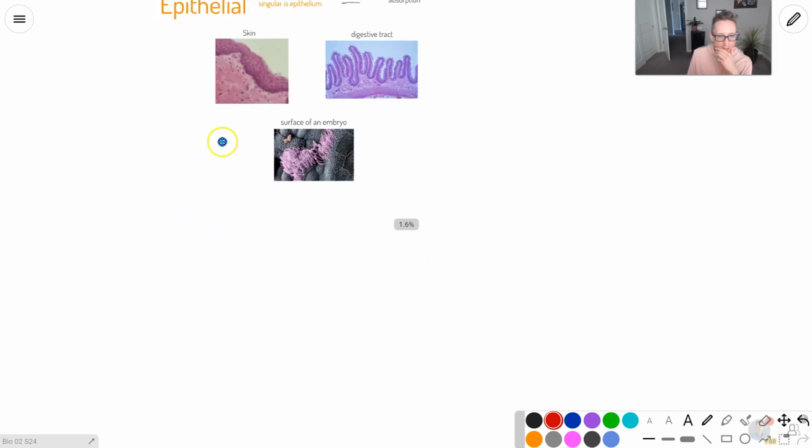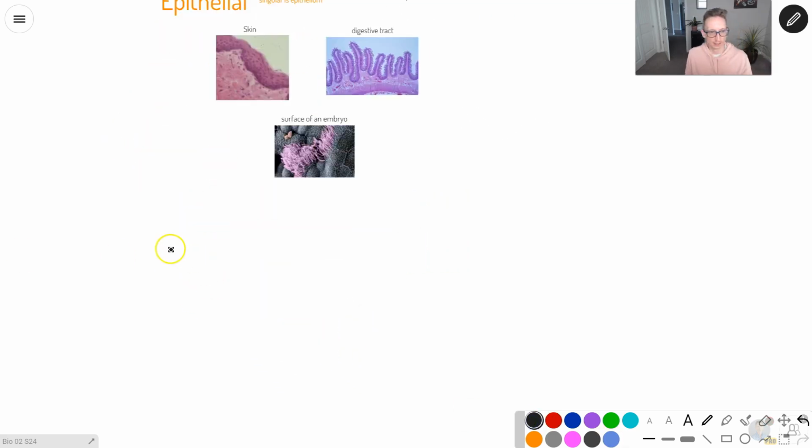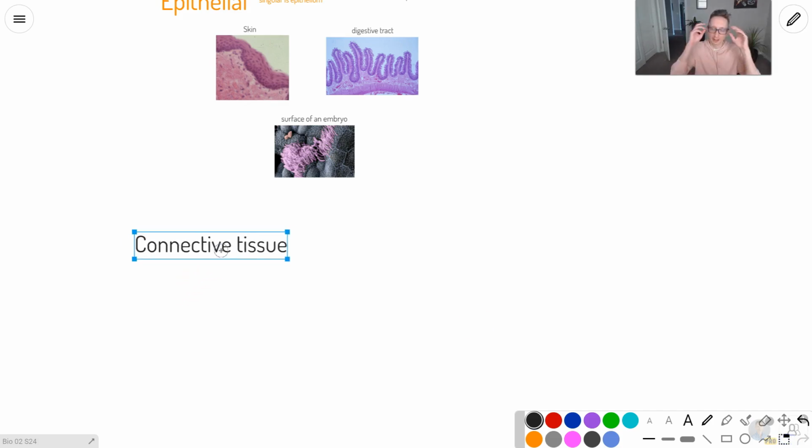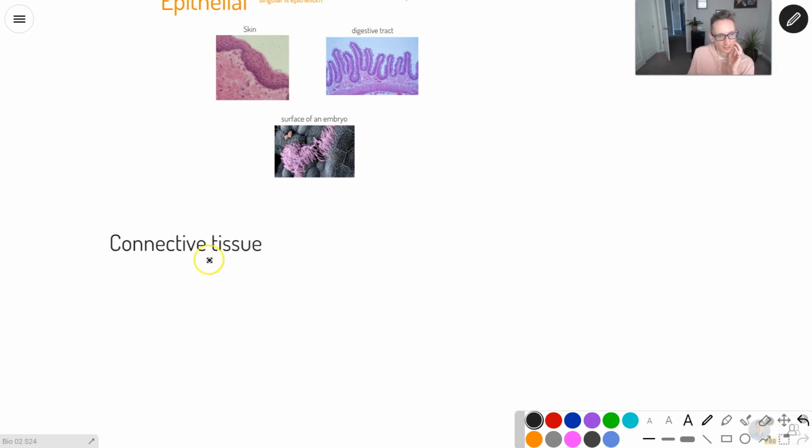All right, another example is connective tissue. So this is a second type. There are 4 types of tissues that we classify in the human body, and we're just kind of going over the overview of those. So connective tissue. And these connective, it's an accurate description, but it can be kind of misleading.